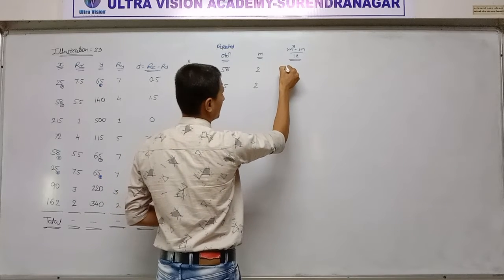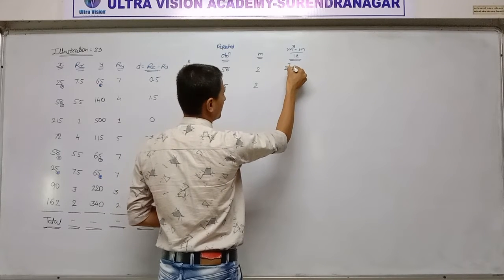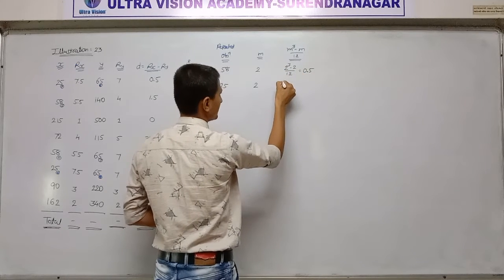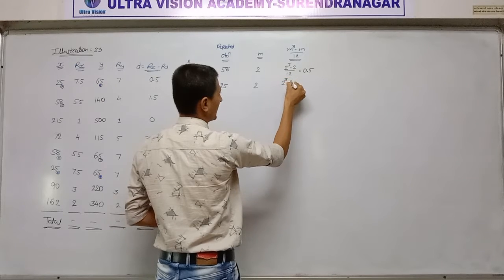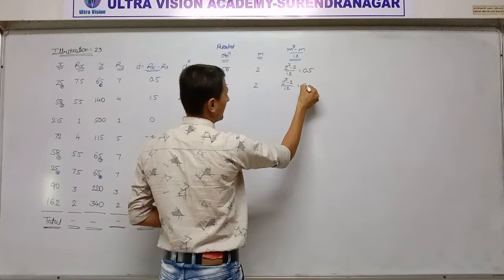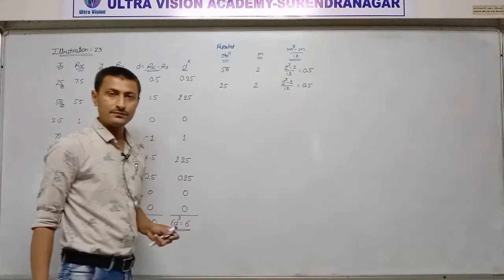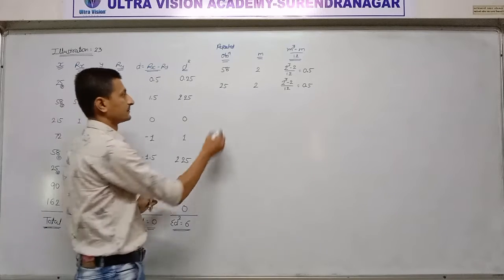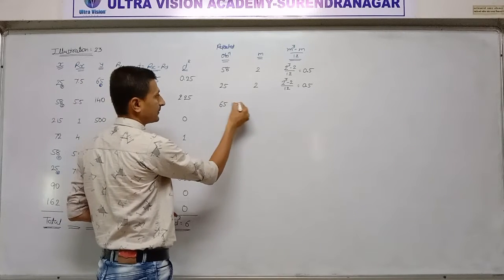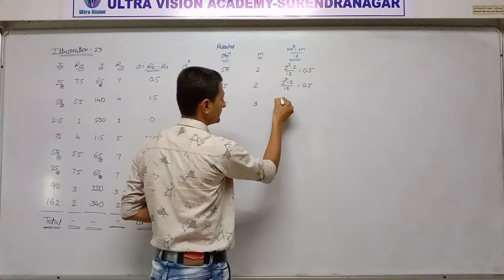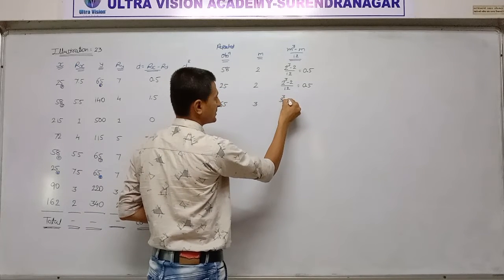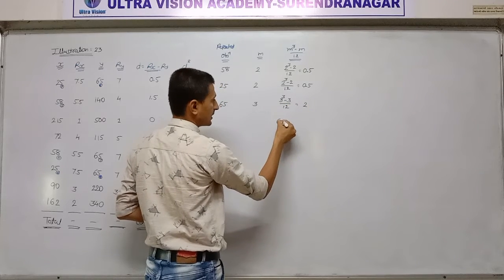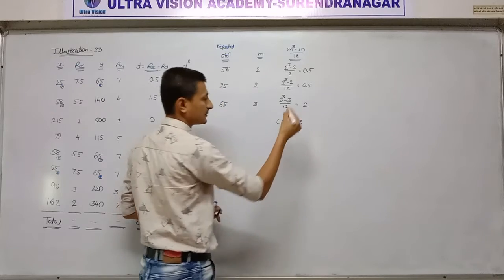Putting values in the formula, 2 cube minus 2 divided by 12, answer is 0.5. Same, 0.5. Value of variable y: 65 repeated 3 times. 3 cube minus 3 divided by 12, answer is 2. Total correction factor CF is 3.